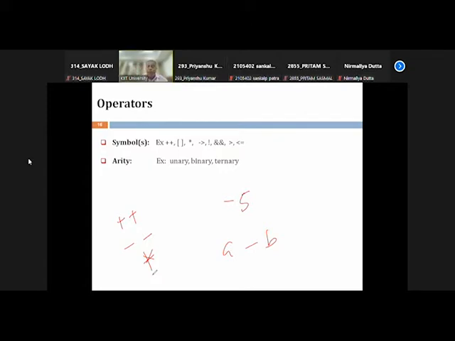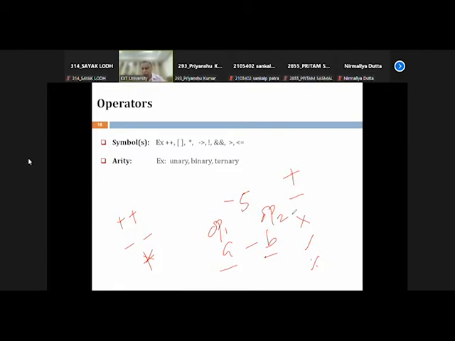Now I'm coming to binary. Additions, subtractions are all binary. Multiplication, division, mod are all binary operators. It means it requires 2 operands to carry out the operation: operand 1 and operand 2. A ternary operator requires 3 operands to carry out its operation, which English doesn't support.